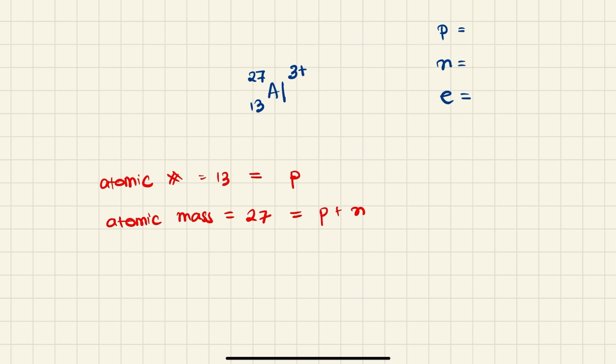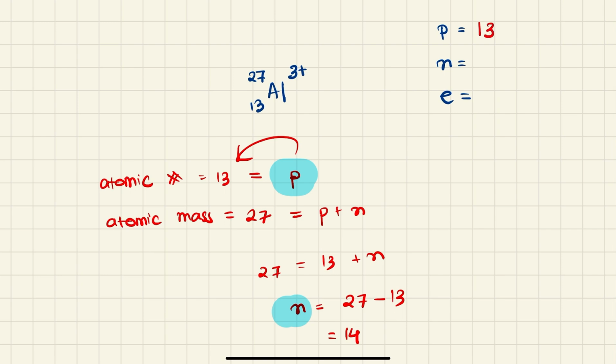So you know that protons is 13, so 27 equals 13 plus neutrons, and therefore neutrons is 27 minus 13, 14. So our number of protons is 13, neutrons is 14.